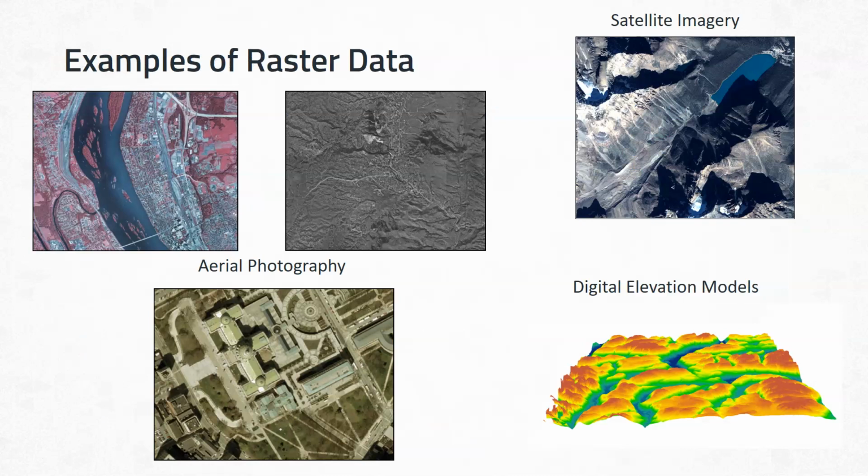So examples of raster data that you're very familiar with are aerial photos. And you can see that I put 3 different types there just to showcase how we can be using aerial photos and how far aerial photos have come just even within the last 15-20 years.